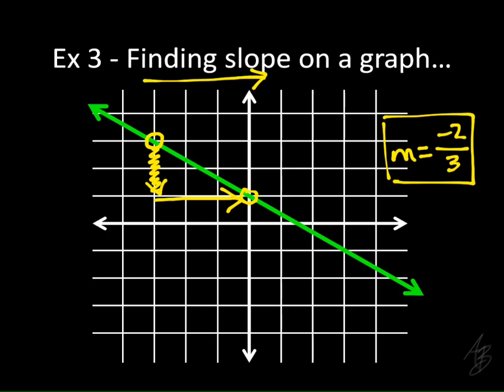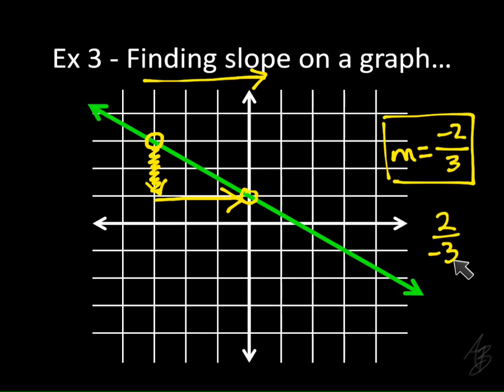Couple of things. First of all, if you pick this point and this point, your slope would be negative 4 over 6. If you get negative 4 over 6, then what do you have to do? Reduce it. If you went the other way, if you start here and you go to here, you would get 2 over negative 3. This is the right answer, but you won't get credit for it.